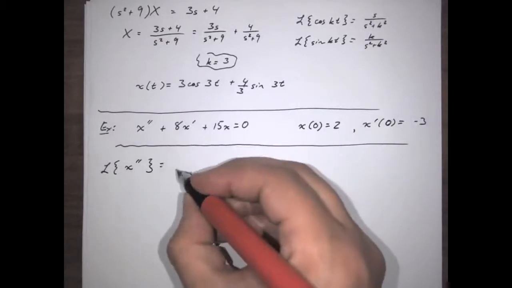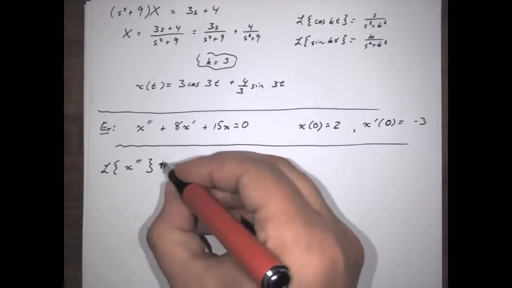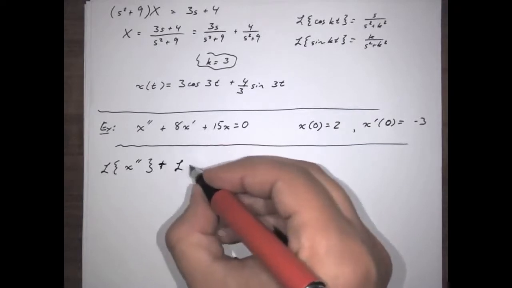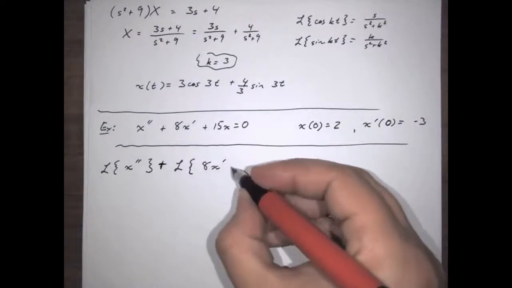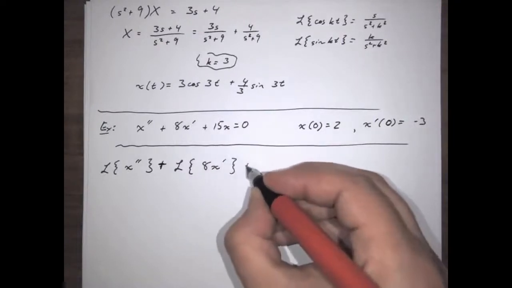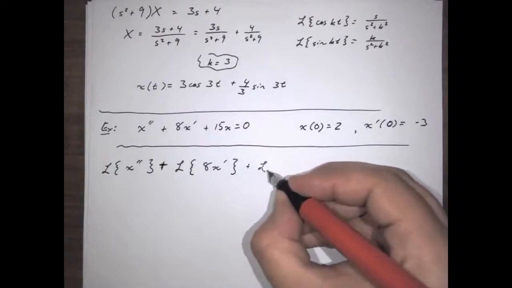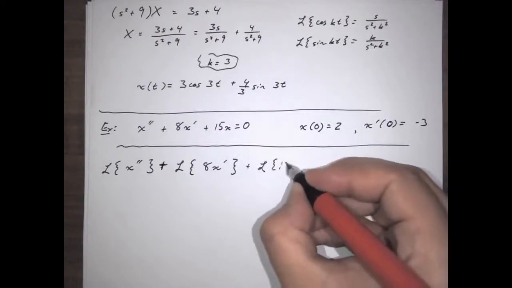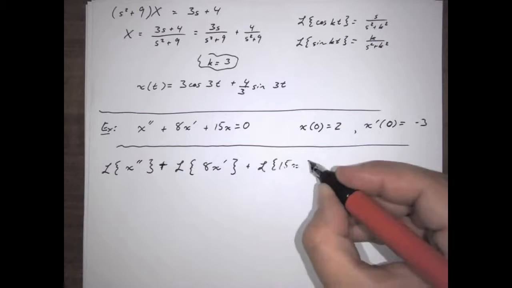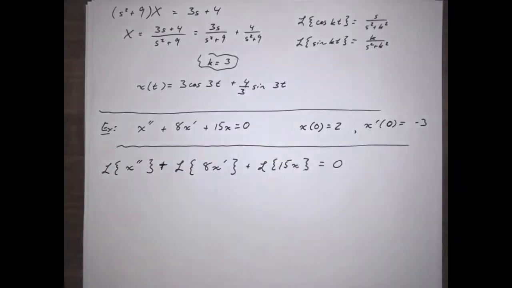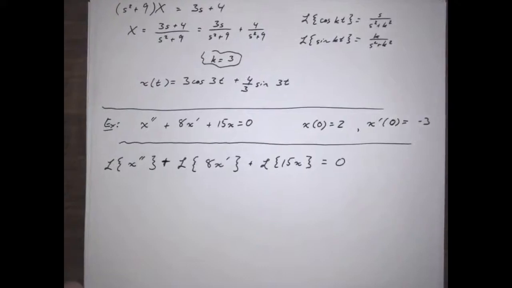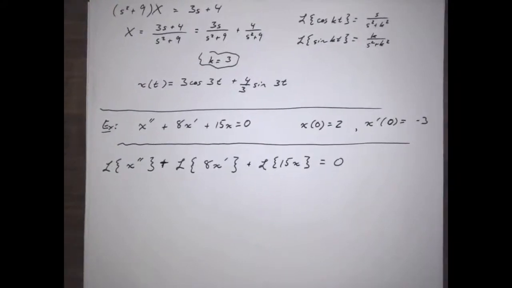So the Laplace transform of x double prime plus the Laplace transform of 8x prime plus the Laplace transform of 15x is equal to 0. Laplace transform of 0 is 0.